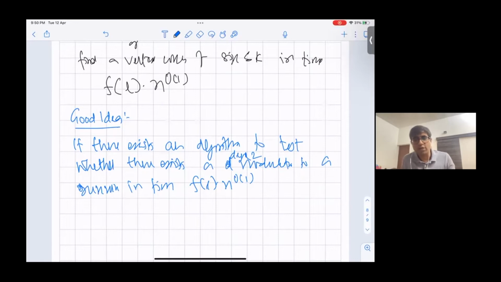If there is a modulator of at most L, great, then I run the algorithm which we did before. Or if it is more than L, then I say this is not that.